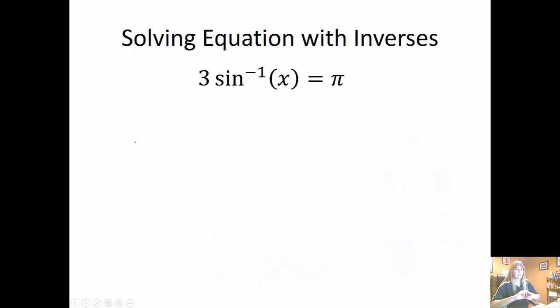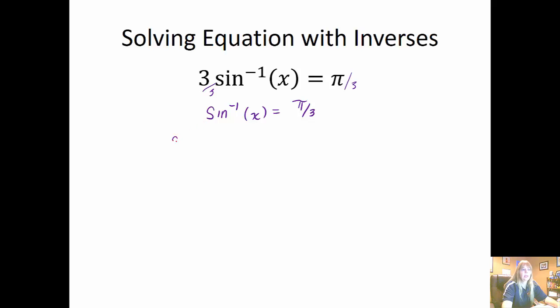All right, let's look at this one. If I want to solve something like this, I could first divide by 3. All I did was divide both sides by 3 to solve this equation.